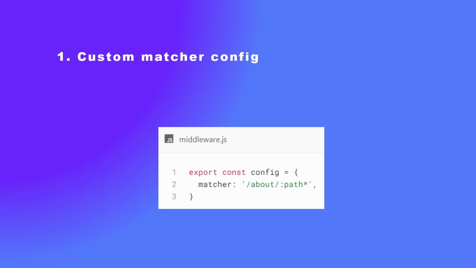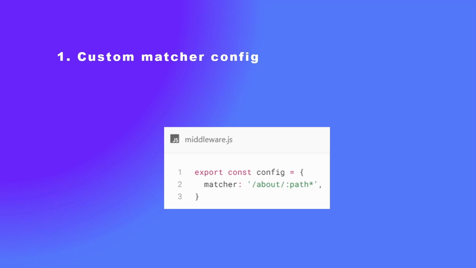First, we are going to see about the custom match configuration. This is used to define a path for the middleware. In custom match configuration, we have three options. First one you can see here, matcher, we have to define the path directly. Here we can define a single path.